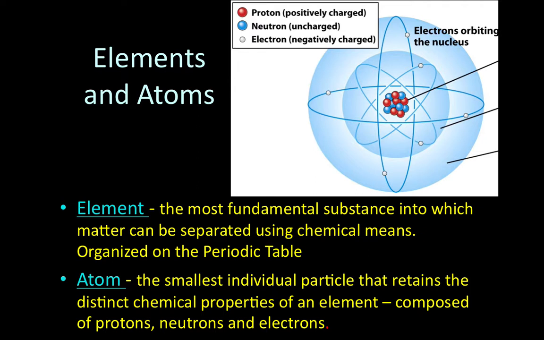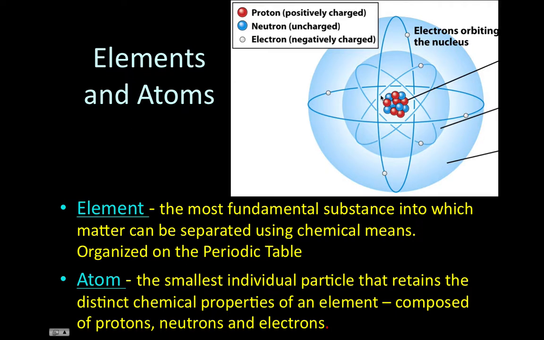Atoms can, though, be further broken down into subatomic particles, and that's actually what's shown here in this figure. This is a cartoon showing the internal structure of an atom. An atom has a central nucleus, and within the nucleus you have subatomic particles, sub meaning smaller than the atom: protons and neutrons and electrons.